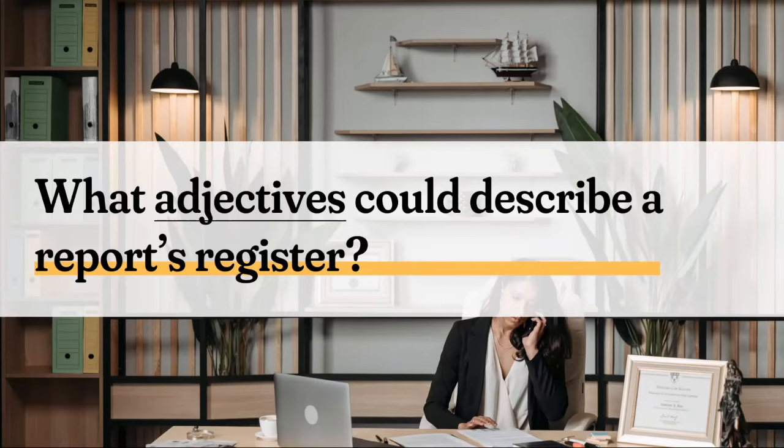So perhaps you've already heard some, but what adjectives could you use to describe a report's register? How would you describe the tone, the atmosphere of a report? For example, one adjective you might use could be formal. Have a little think.